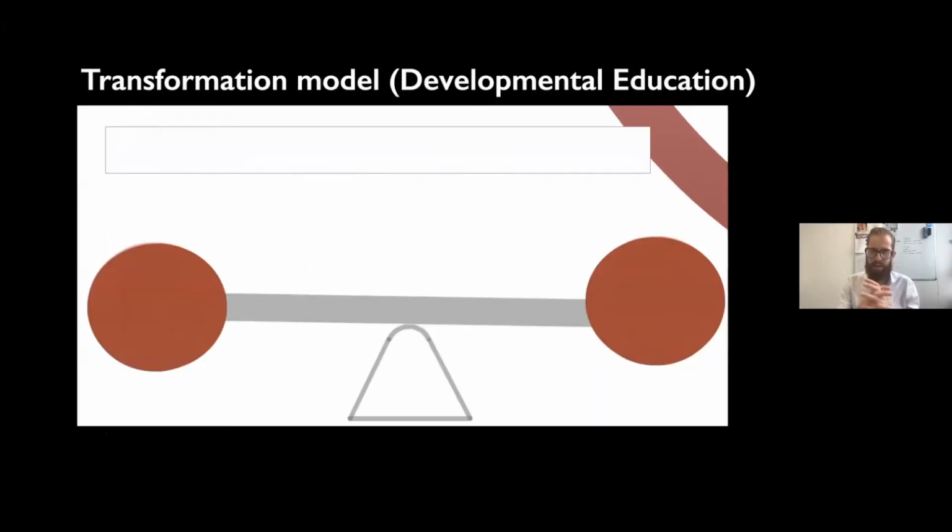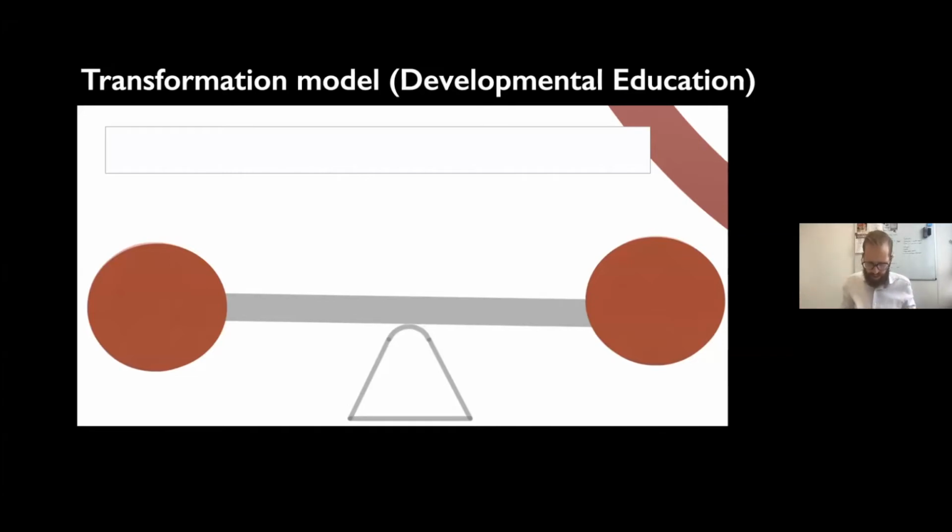And then, not surprisingly, the third model, which we call a transformation model. Here we see a balance between what a child wants, their personal sense making, their motives, their interests, and what a teacher wants, his intentions and the cultural meanings that he wants to give to the children.